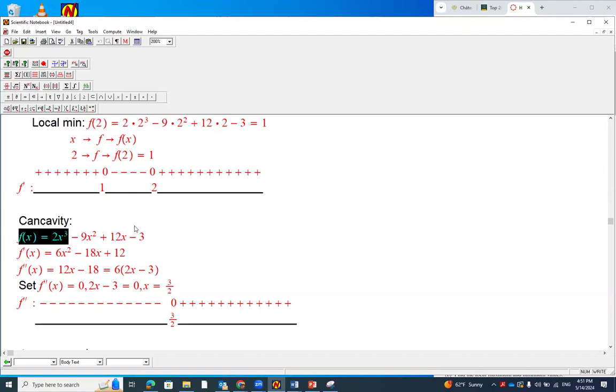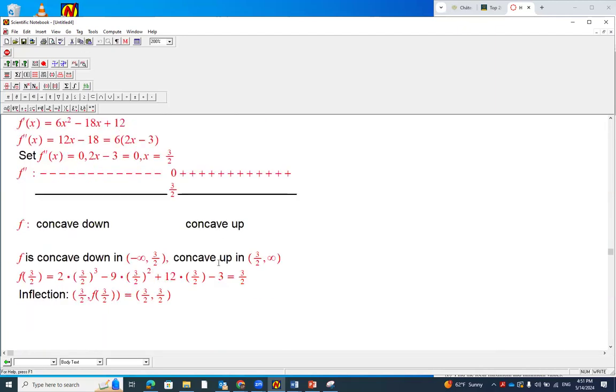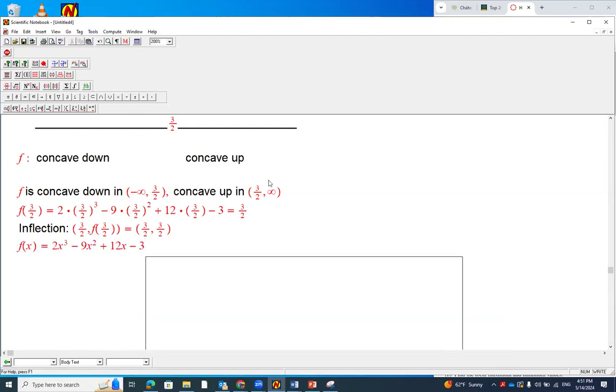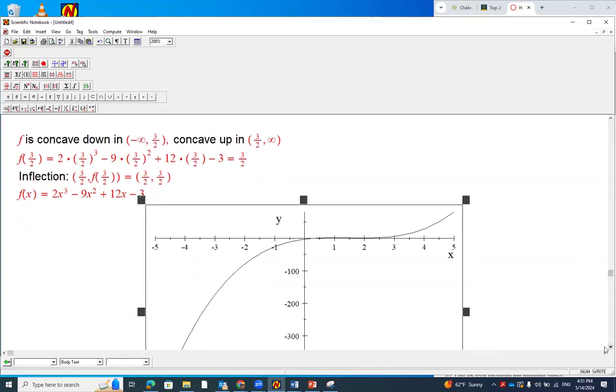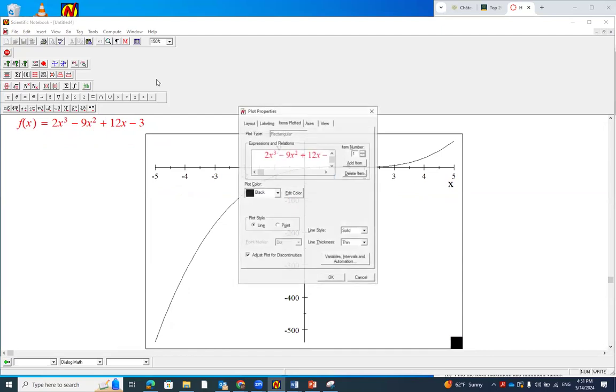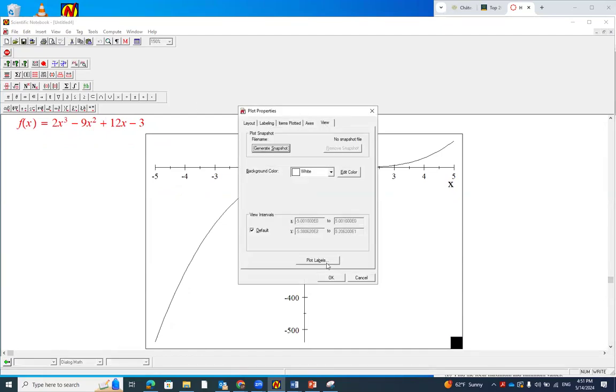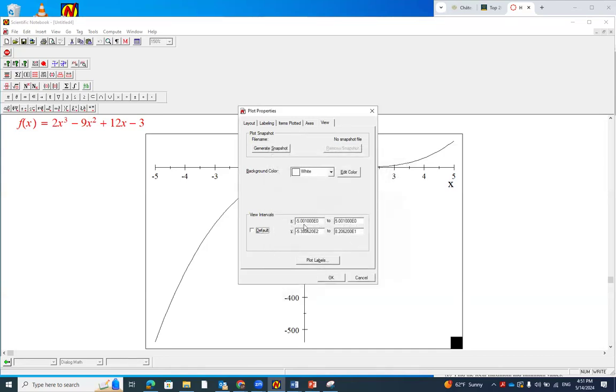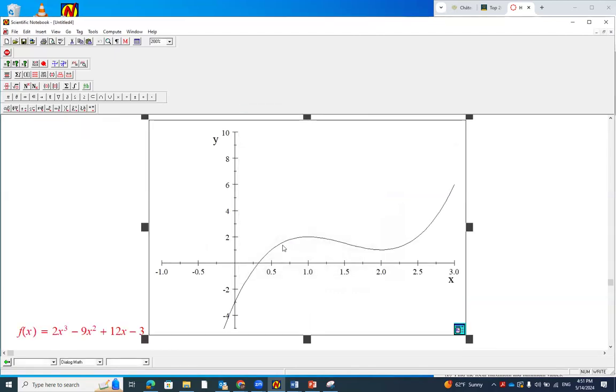We have the original function here, and if we graph it, we're going to put in a nice view, from -1 to 3 and -5 to 10.